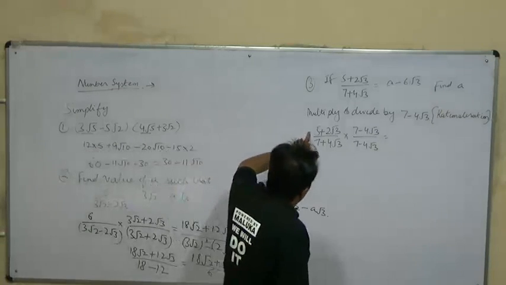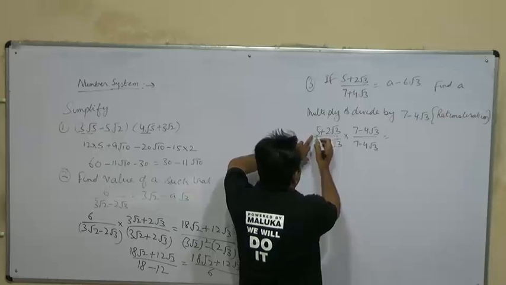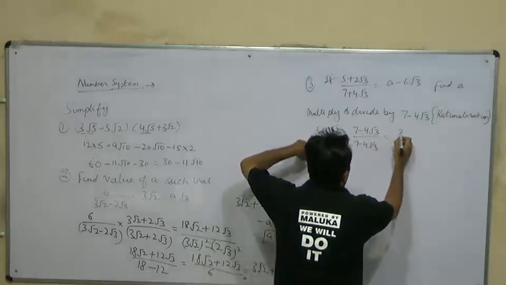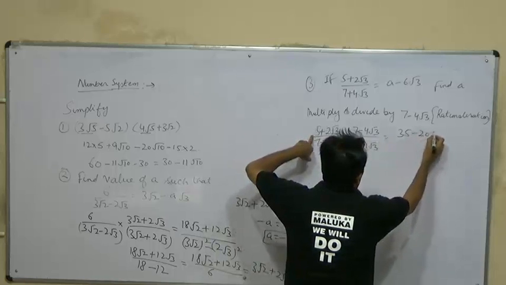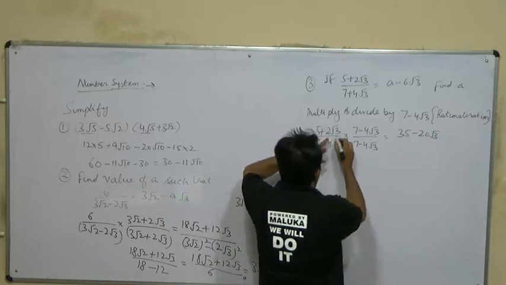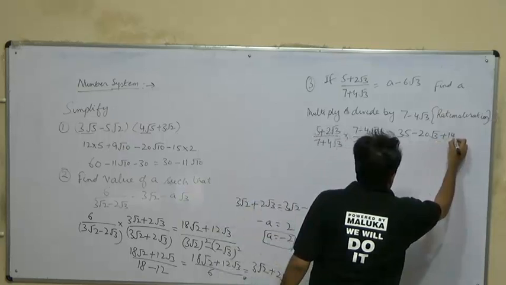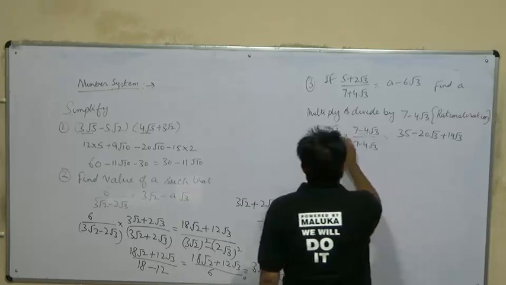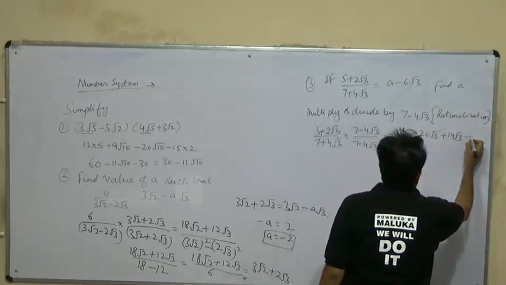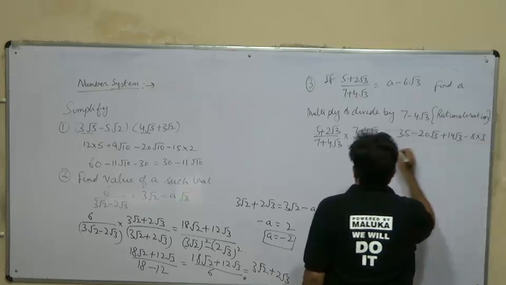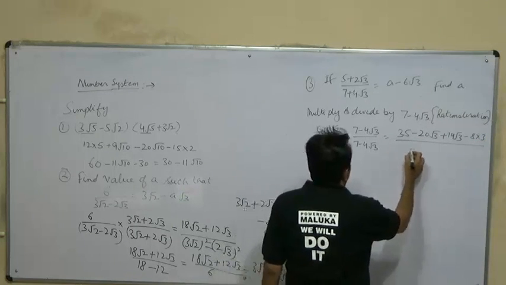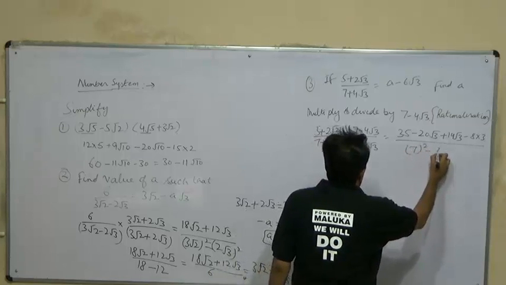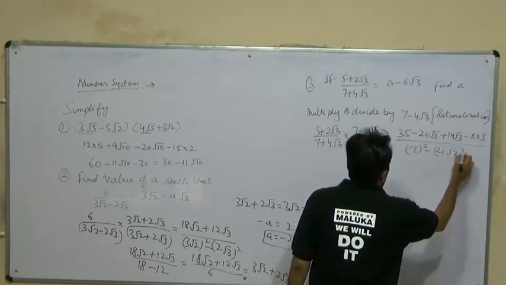Now here we will multiply in the numerator: 5 sevens are 35, 5 fours are 20√3, then 14√3, minus 8 into 3, upon 7 square minus (4√3) square.